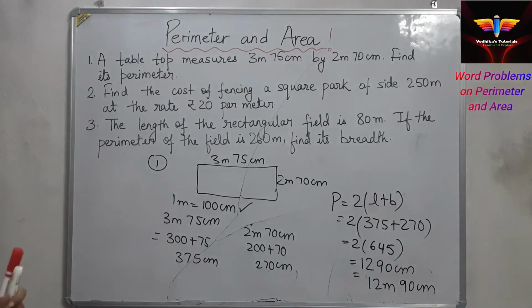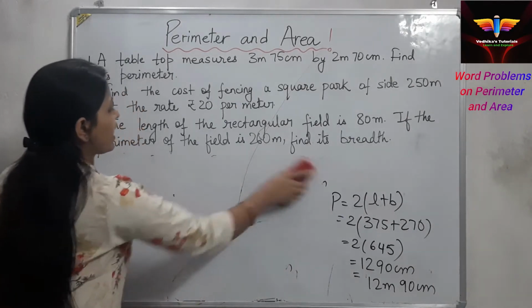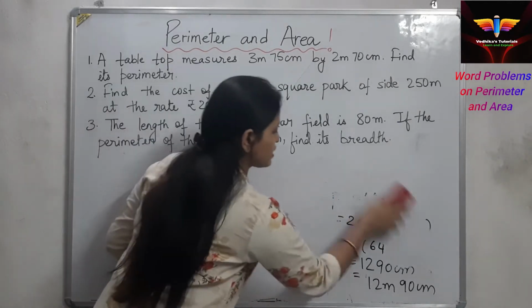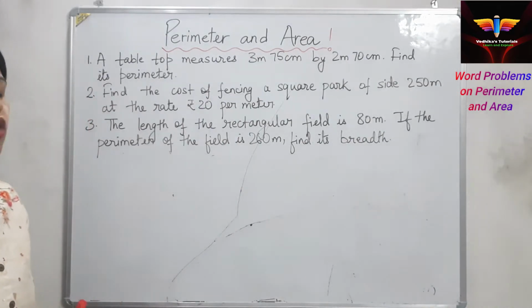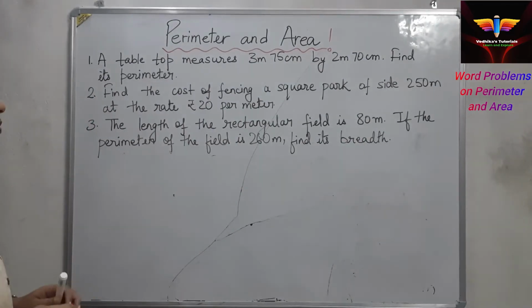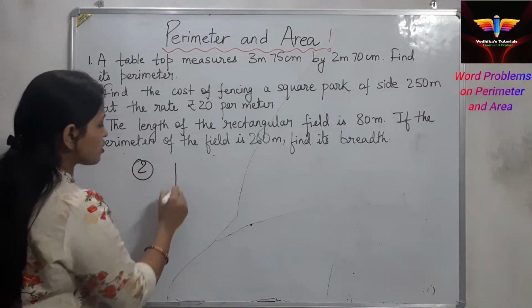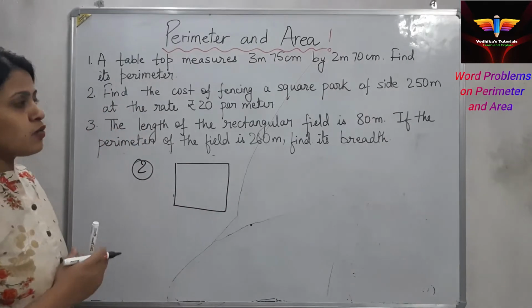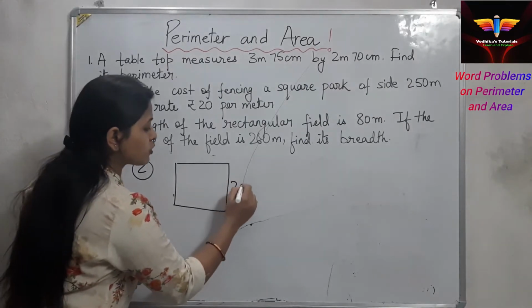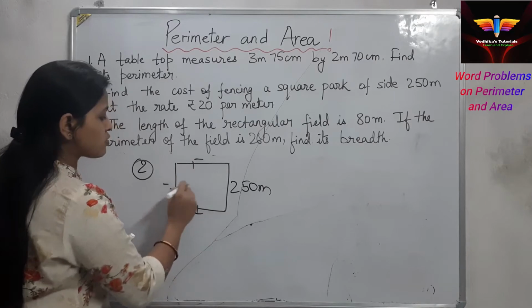Likewise, let's see what is question number 2. Question number 2 is find the cost of fencing the square park. So here we have to find the cost of fencing. Now the side of the square park is 250 meter. So our question number 2 is talking about a park which is square in shape, and its side is 250 meter, meaning all sides are the same, 250 meter.